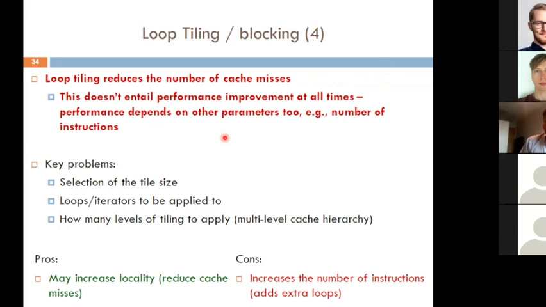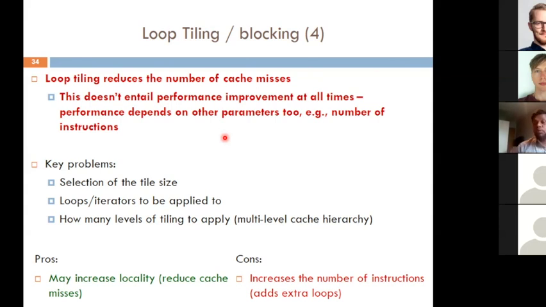This does not entail performance improvement at all times. The technique itself is not always giving us the best performance, but it depends on other factors as well, for example, the number of instructions and others, but at least it can boost some performance. I'm going to discuss that a little later. The key point here is the selection of the tile size: how many tiles, how many blocks we can use.